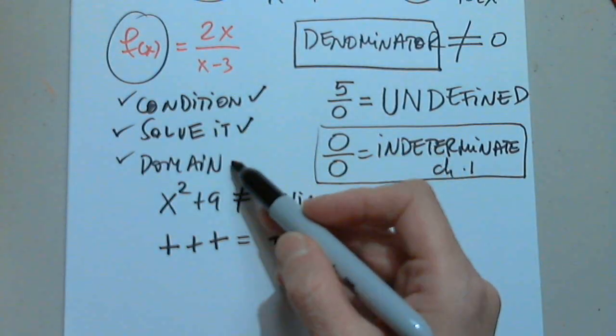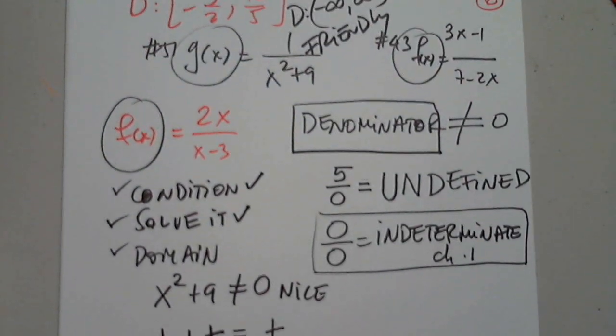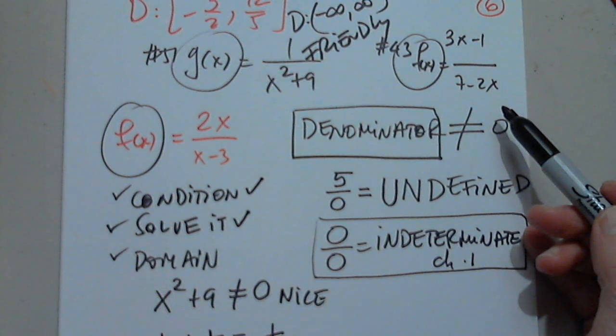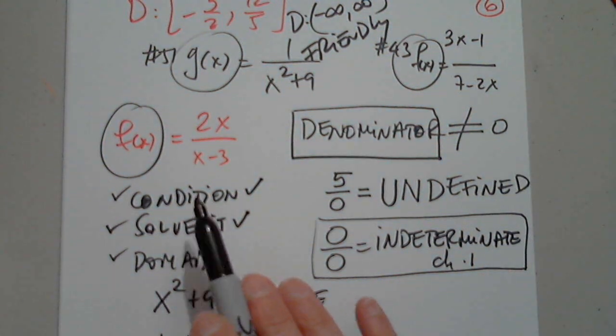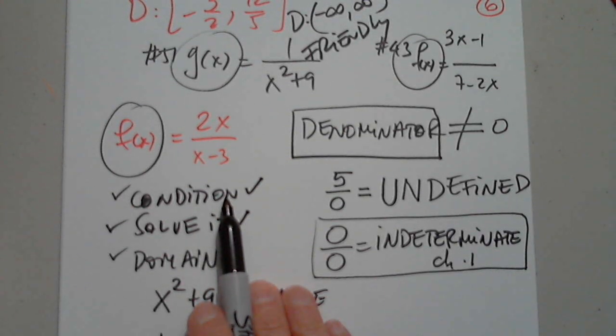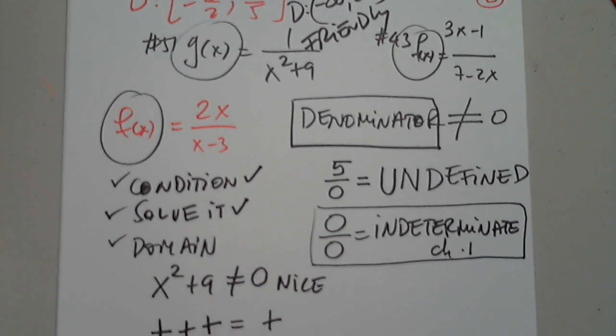Condition, solve it, domain. Condition. I want the condition. I don't want it solved yet. I want everyone to see the condition. You're way ahead of me. I love it. But I need everyone to see the condition, and then we solve it.